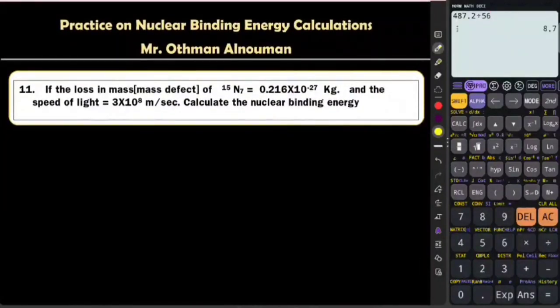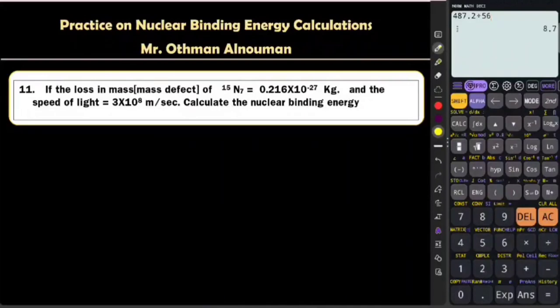It says, if the loss mass, the mass defect of nitrogen equal 0.216 times 10 to the power of negative 27, and the speed of light is 3 times 10 to the power of 8 meter per second, calculate the nuclear bonding energy. To calculate the nuclear bonding energy, what we are going to do, let's see here.